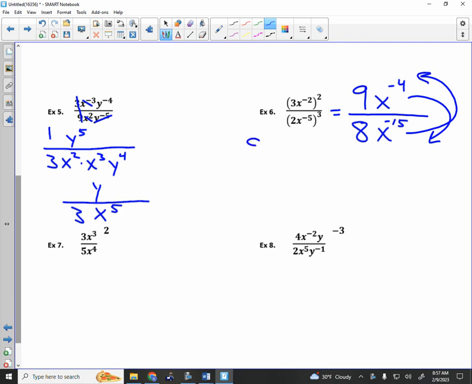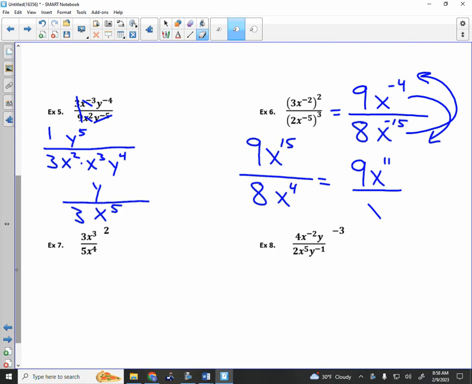And I get 9x to the 15th over 8x to the 4th. Notice how the 9 and the 8 don't move. Those don't have a negative exponent. Just the x's move. And now x to the 15th over x to the 4th, that's nice and easy. That's x to the 11th, over 8.